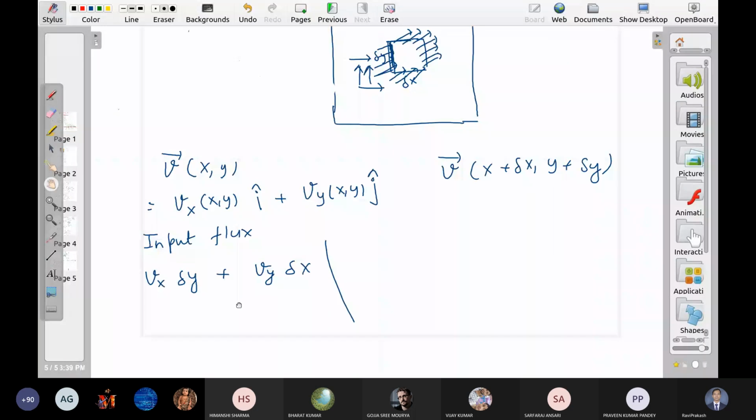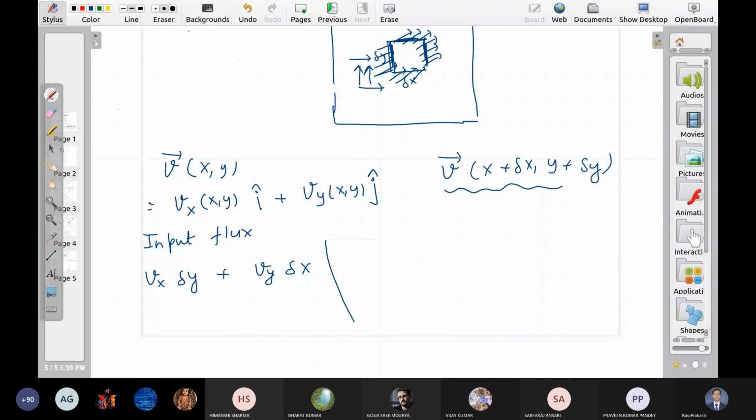What about this? This is the velocity field at the other side here, after traveling delta x distance along the horizontal and after traveling delta y distance along the vertical. So first of all, let us express this.